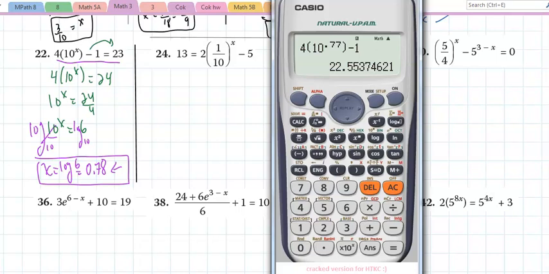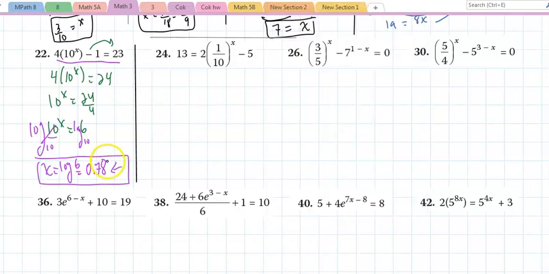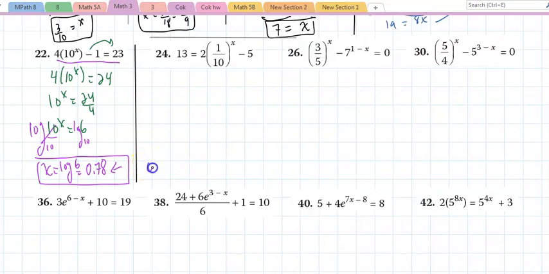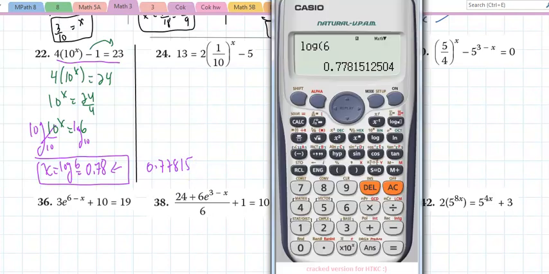I need more numbers for it to work. So if you take the number to be more accurate, oh, come on. If I take more accurate numbers, 0.77815. Notice what happened if I use that.